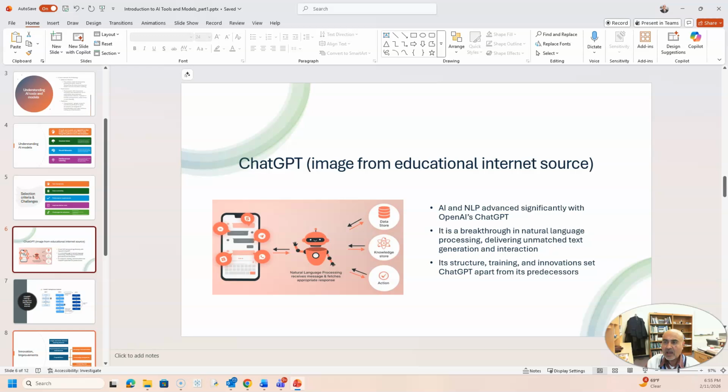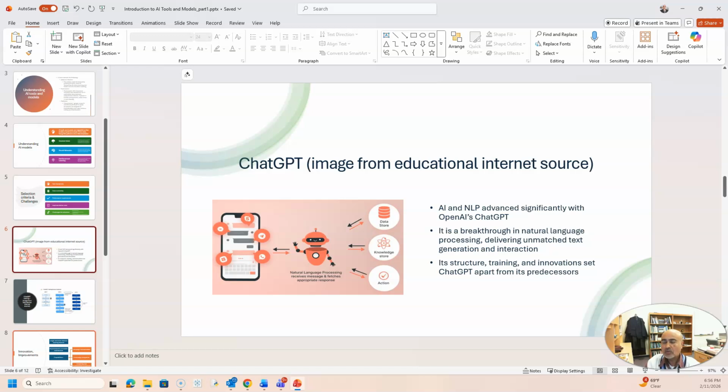So AI and NLP, artificial intelligence and natural language processing, had advanced significantly with the introduction of ChatGPT. It really now has become a crucial AI tool, very big in the market.